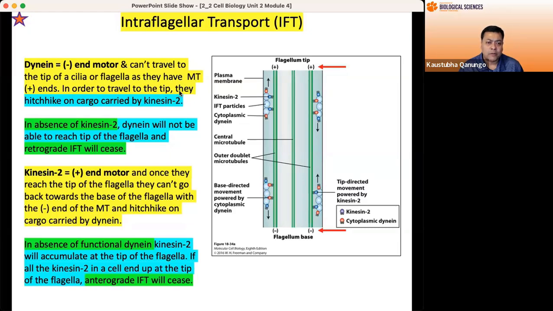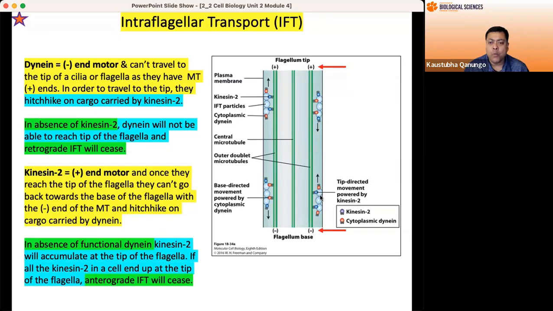The dynein can travel to the tip of the cilia or flagella because it is hitchhiking as cargo carried by kinesin 2, as they have the microtubule plus end. In the absence of kinesin 2, dynein will not be able to reach the tip of the flagella, and retrograde IFT will cease. It's a typical question that we ask: if you mutate a cell so that you do not have kinesin 2, what will happen?